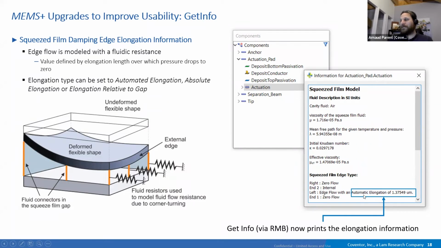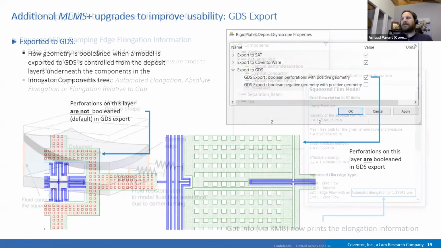You can see automatic, because by default we are implementing an automatic elongation based on a reference paper from Veijola, Sumali, and Bao. But you can take control and put in your own elongation. Okay, so this improvement is to help understanding a model and interact with it.